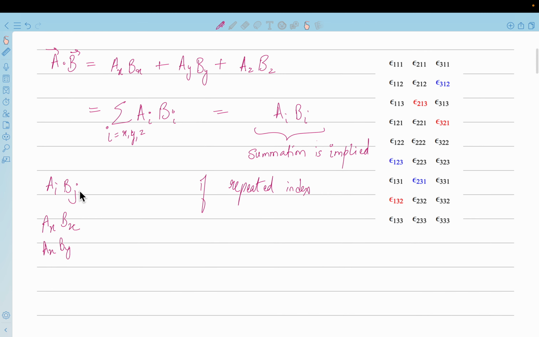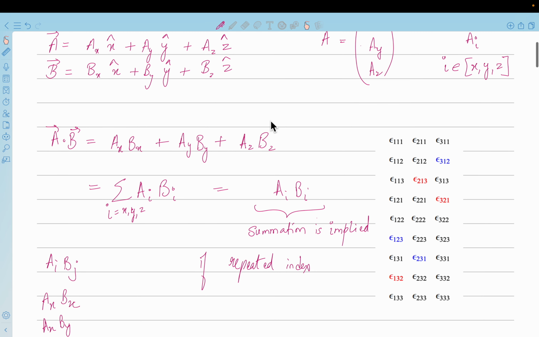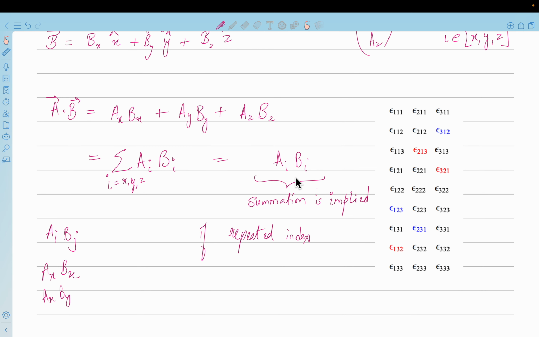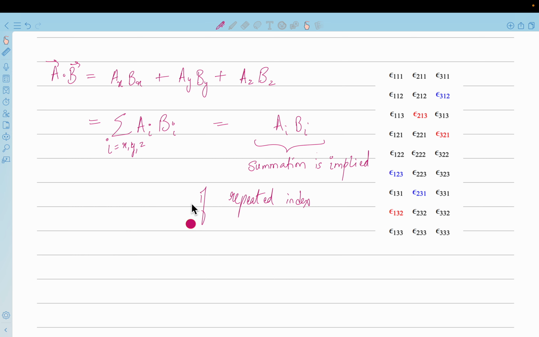So ai bj we don't know what it means, but if you have written ai bi, then you don't need to add a summation sign, and the summation is already implied. Okay, so hope this rule is clear. This is a choice that we make. This is how we represent.